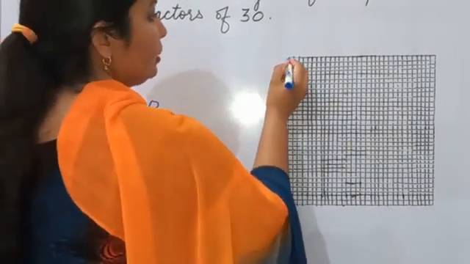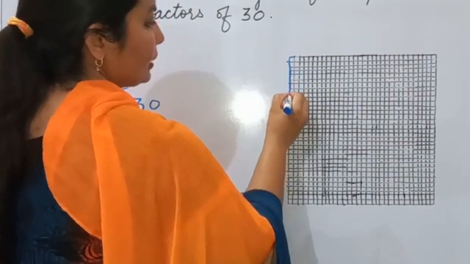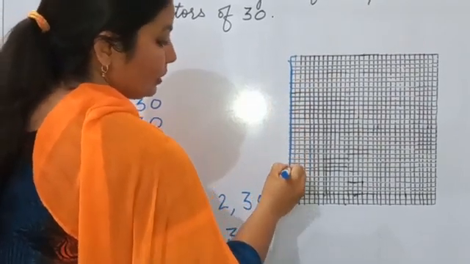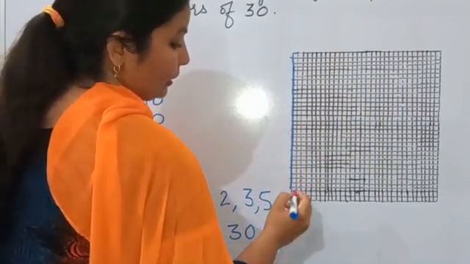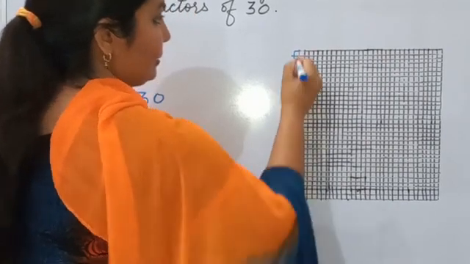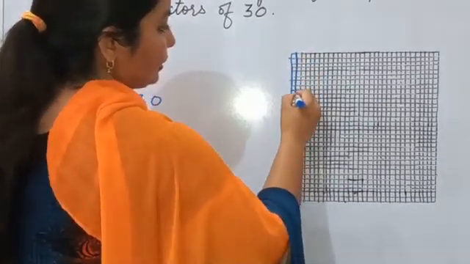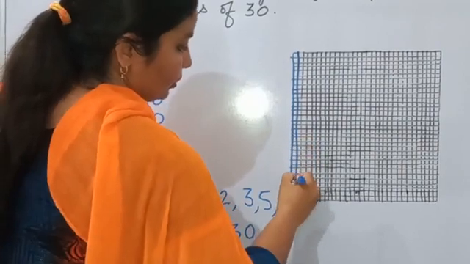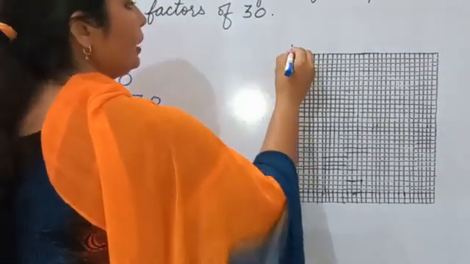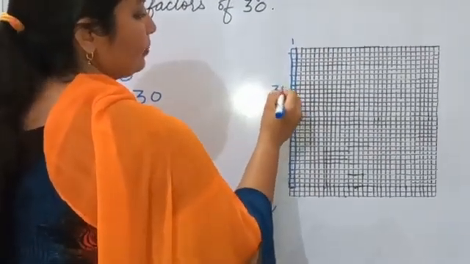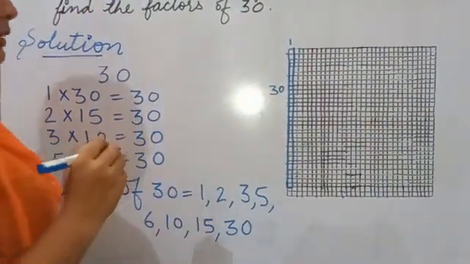So we should make here 1 into 30. You should make it with a scale, not freehand. You have to make it with a scale. 1 by 30. So we write here 1 and there 30.